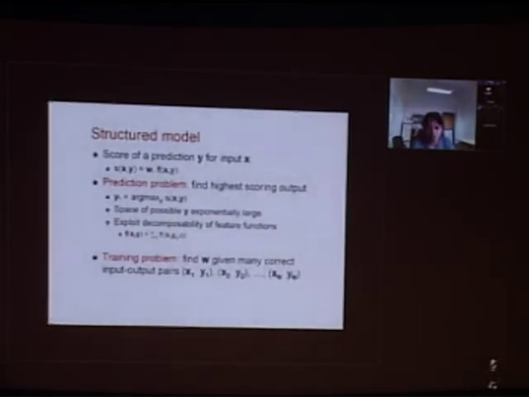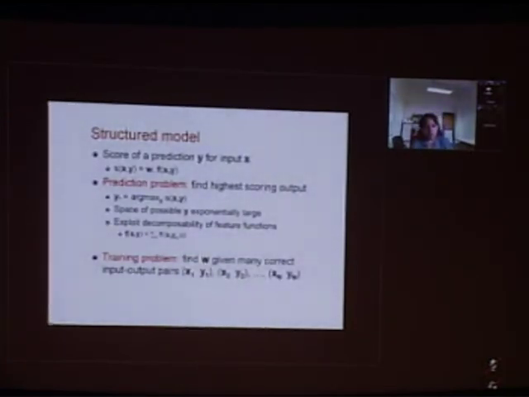And so you have a feature vector which sums over the different parts of Y, and because of this decomposition of the feature function, because the feature function is not this monolithic thing, but rather it decomposes over smaller parts of Y, you can use standard ideas from dynamic programming to solve this argmax problem efficiently.